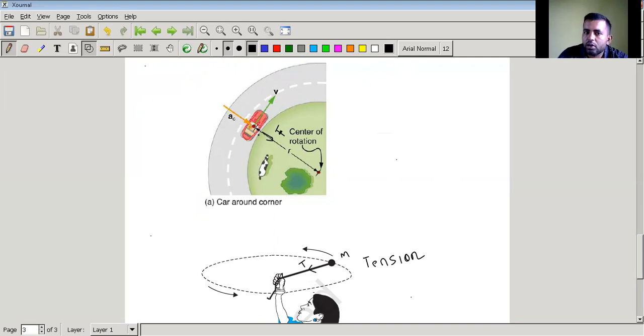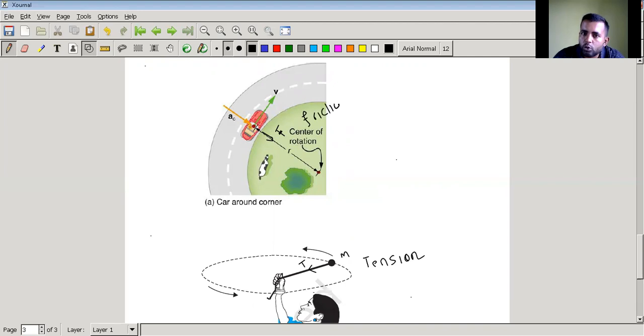Now, can you guess which force will provide the centripetal force for it to go in a circle? If there is no centripetal force, then it cannot go in a circle. Fine. So it turns out again that this centripetal force will be nothing but friction.